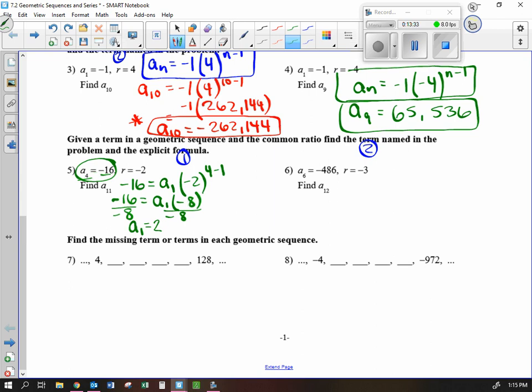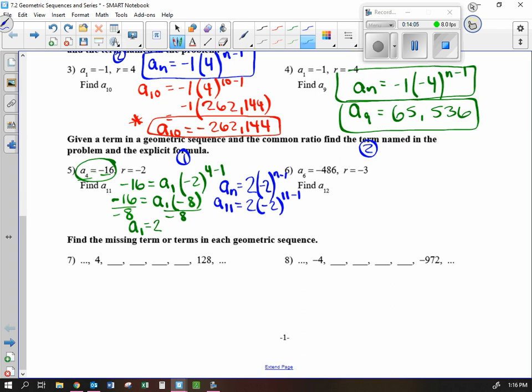Now we can use that and plug it back in to our explicit formula. I'm going to switch colors to help us out here. So a sub n now is going to equal that 2 times our ratio, negative 2, raised to n minus 1. Now remember, we are finding a sub 11, so let's reset this up. 2 times negative 2, and then our n is now 11.